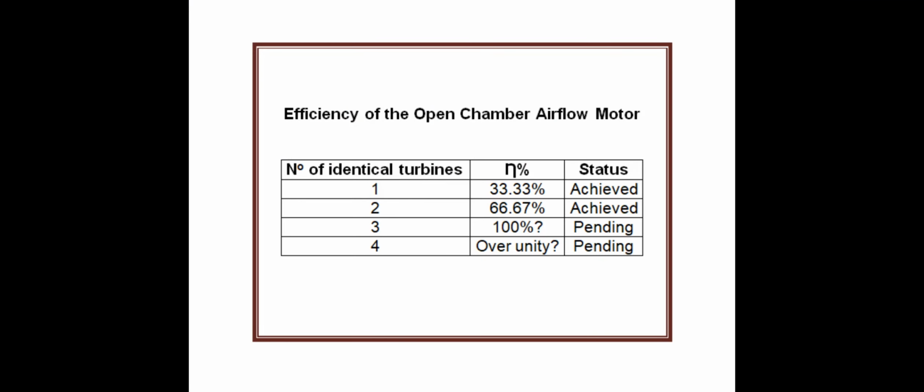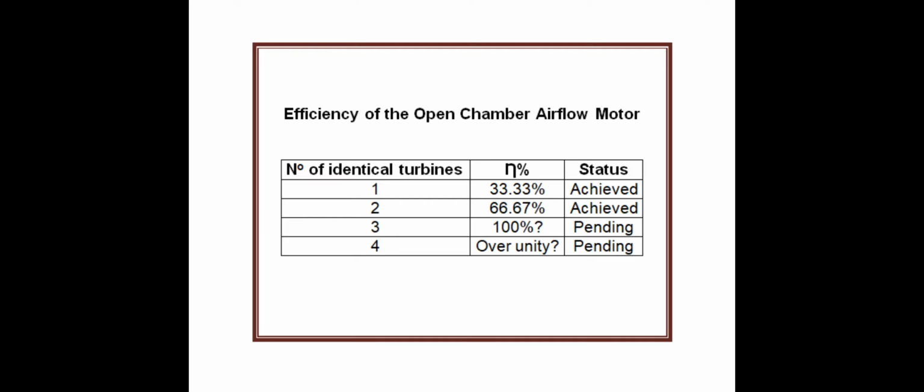The efficiency of this airflow motor using just one fan and one turbine is 33.33%. With two turbines it is double, i.e. 66.7%. If a third turbine is added, we are confident we will be able to reach what we call a self-sustained movement, i.e. over unity.